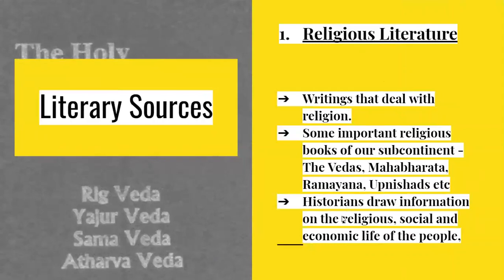And historians draw information about the religious, social, and economic life of the people through these religious literatures, right? For example, what kind of sacrifices were performed, and who performed the sacrifices, and how was the society formed, right? And then how did they practice religion, and everything.